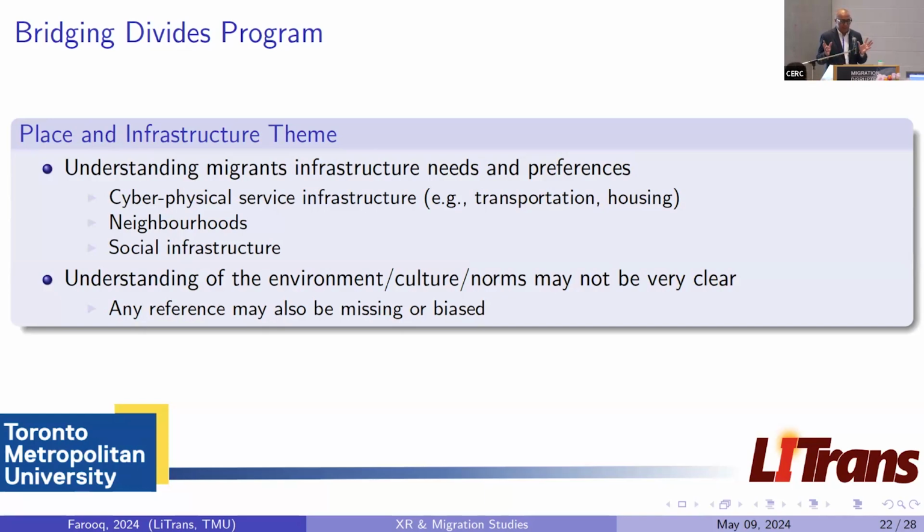And at least it's my perception that a new immigrant's understanding of the new environment, culture, or norms may not be at the level of a person who has lived in a place for several years.